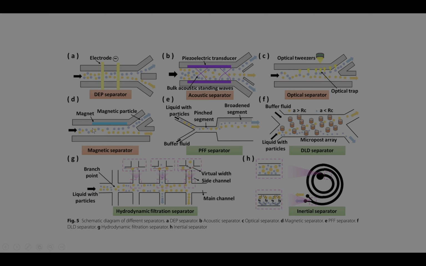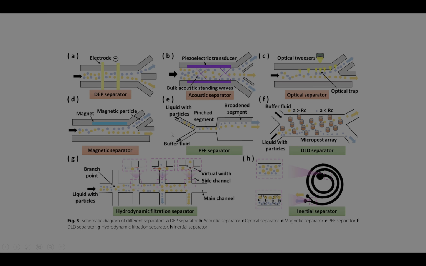Then the next one is the magnetic separator, where the magnetic field is applied and the fluid flows through the microfluidic channel. It will separate based on the magnetic property of the fluid.